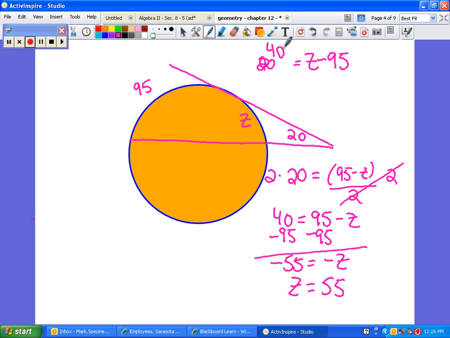Then you get 135, which we know is not right. You can see that z is smaller than 95, that this arc here is smaller than this arc here. So you just have to recognize that it's going to be 95 minus z and not z minus 95. Okay?